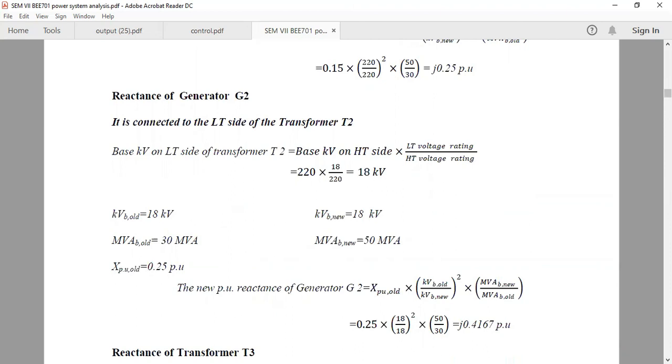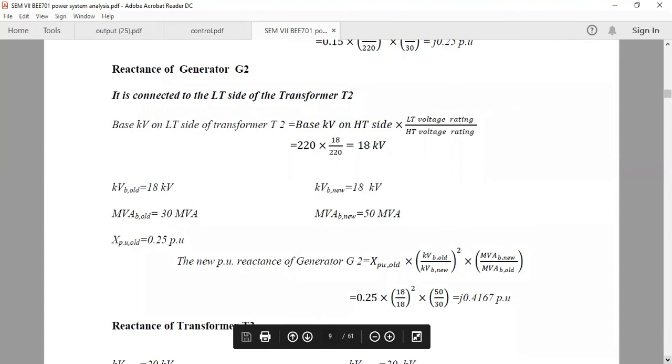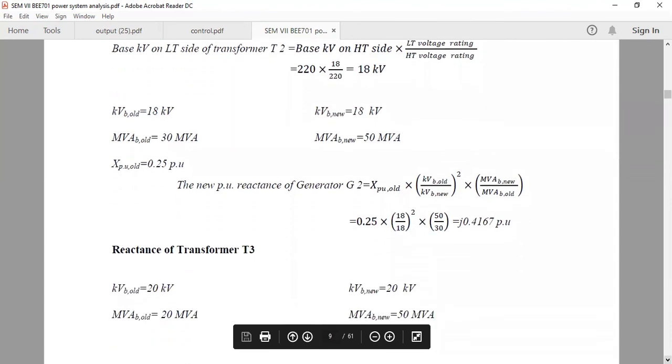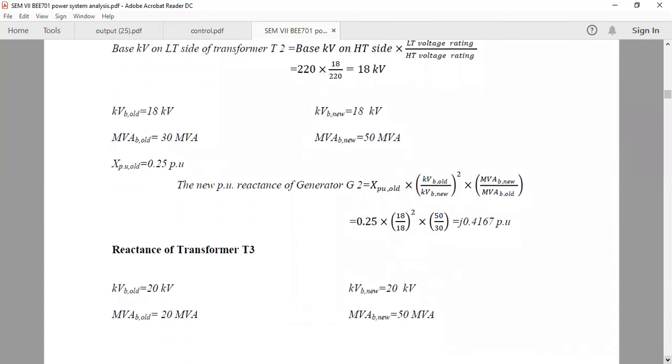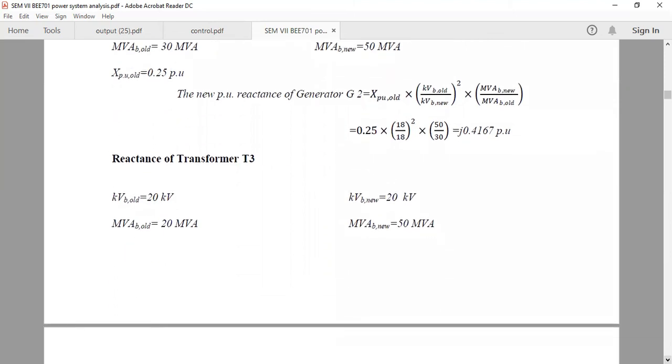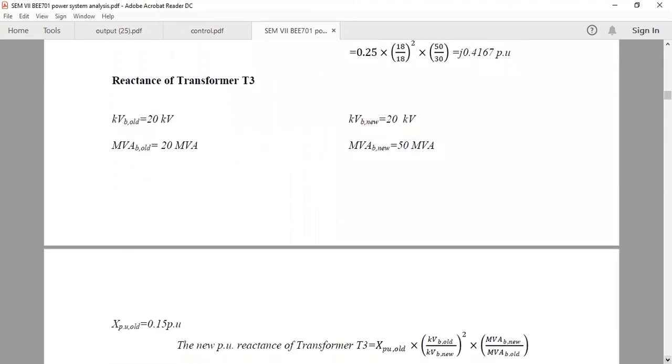MVA old, as given in the problem statement, is 30 MVA and MVA base new is 50 MVA. So from the calculations we get the reactance of generator G2 as j0.4167 per unit.